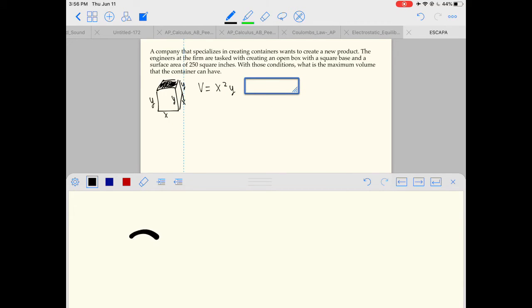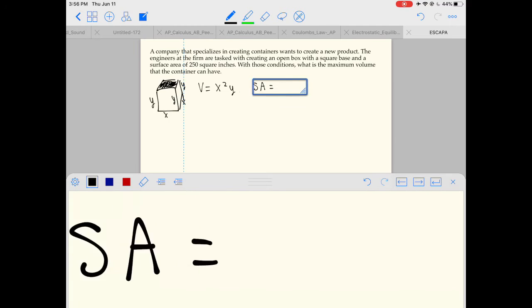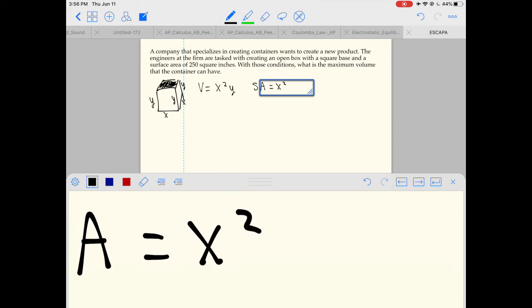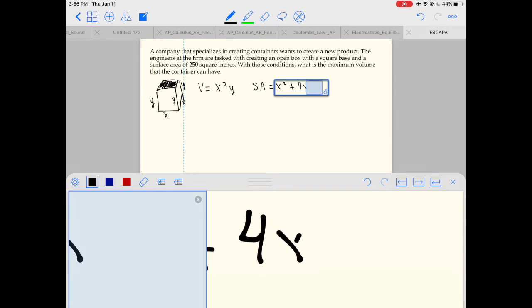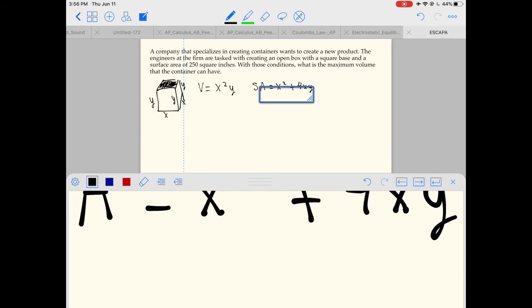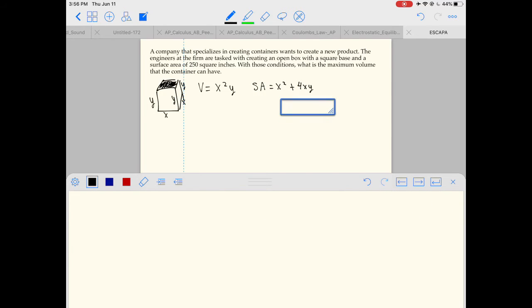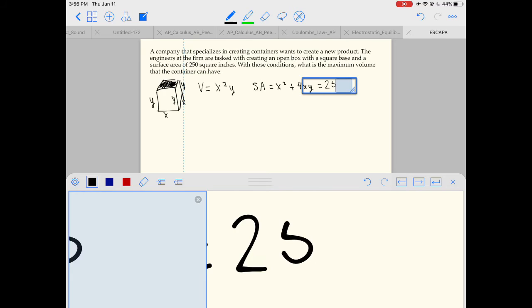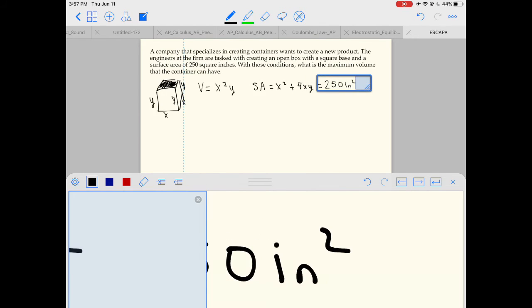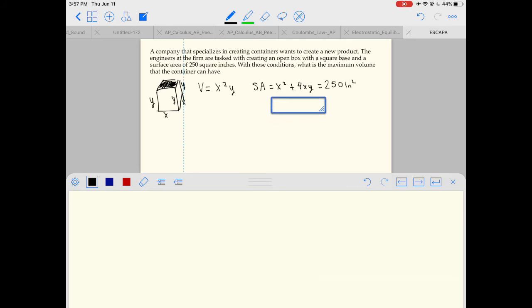And so now let's find the formula for the surface area. That equals x squared for the base plus 4xy, since there are 4 sides around it. Okay, that's what we have up there. And that also equals 250 inches squared. So now let's solve for one of the variables.